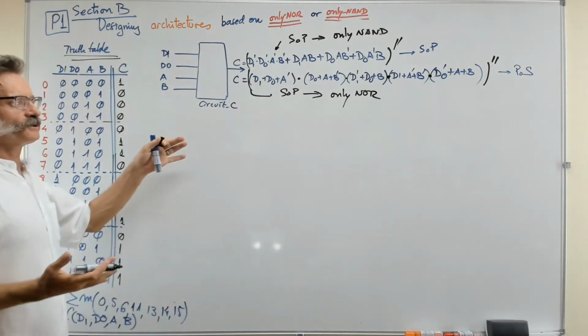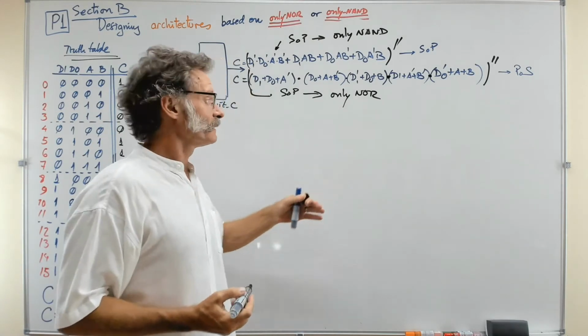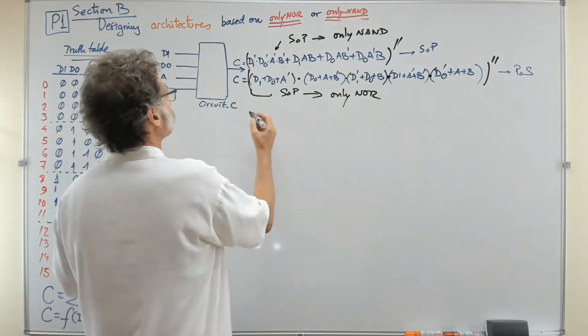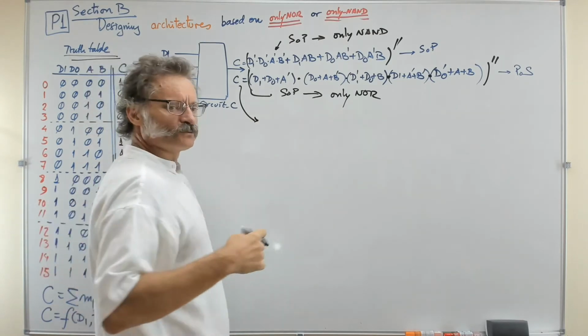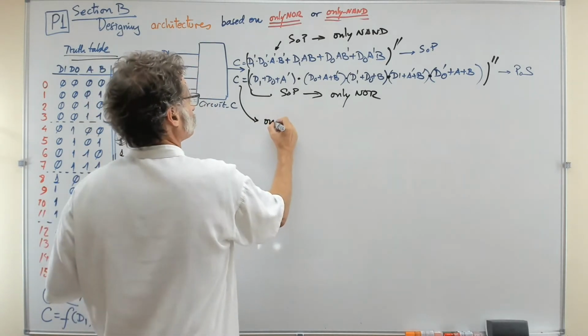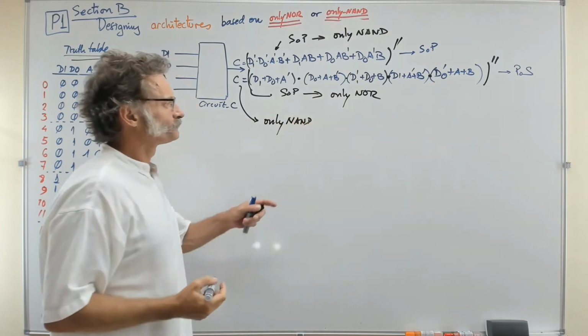That is the logical thing to do, but that is not the only thing to do. If you like, you can transform this equation, for example, to only NAND, if you like. In which way?